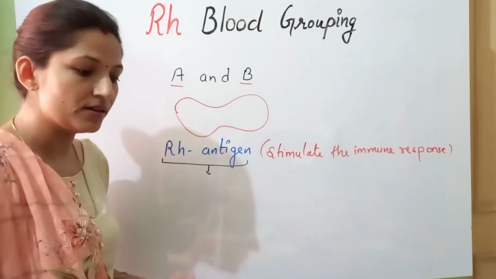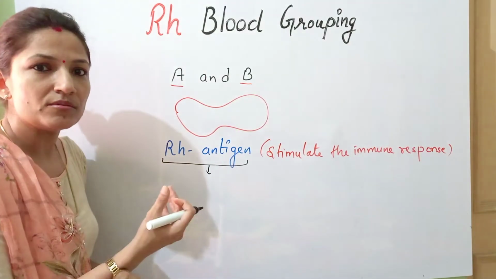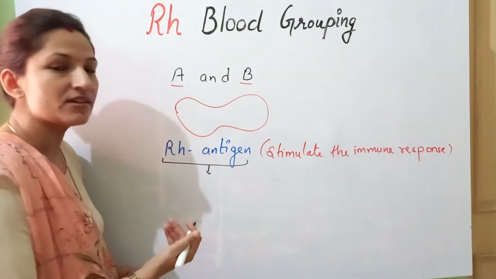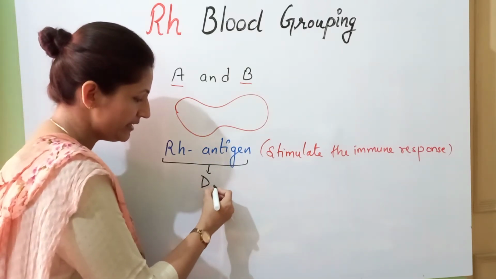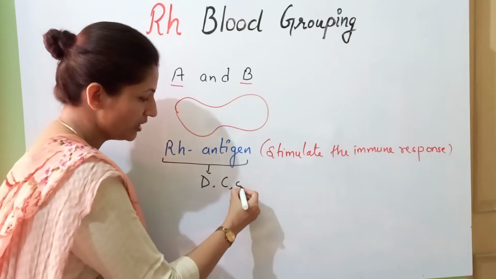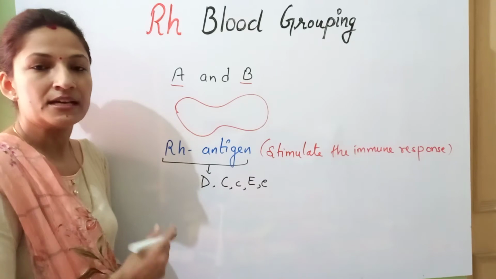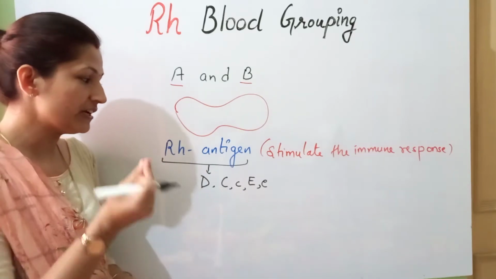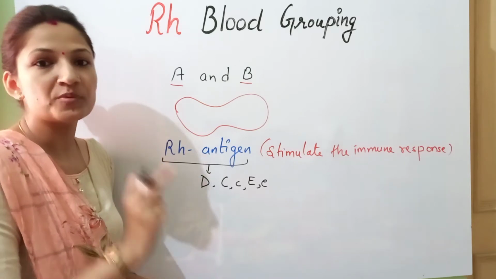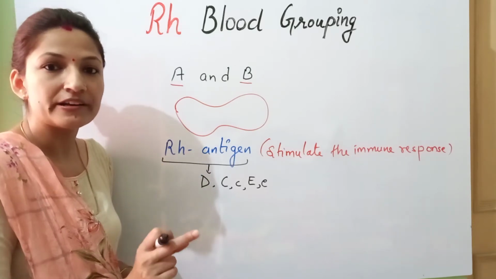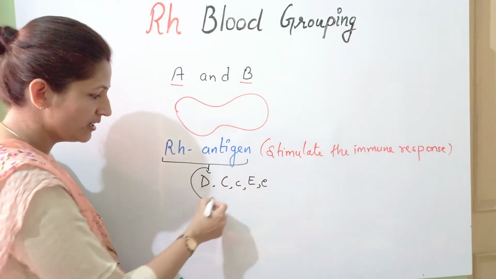Otherwise there are more than 40, but those found easily on the surface of red blood cells are of 5 types: D, capital C, small c, capital E and small e. These are the 5 different types of RH antigens present on the surface of red blood cells, and the most common out of these is D.